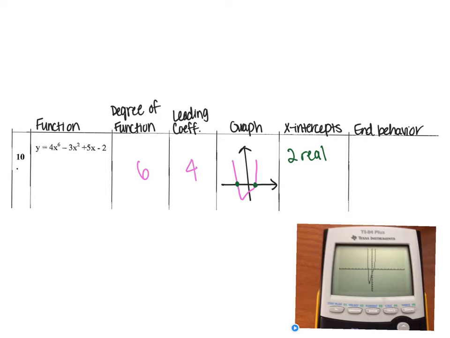But it says here, ooh, my bad. It says here on our degree of function that we should have had 6 intercepts, right? So the other 4, well, in that case, because we can't see them, the other 4 are imaginary.